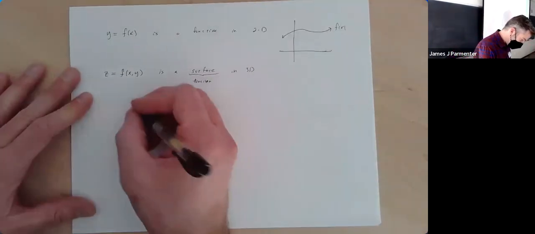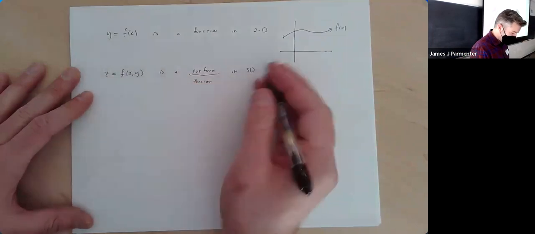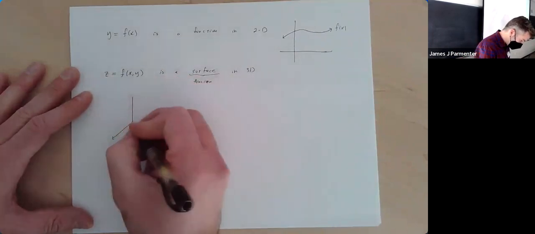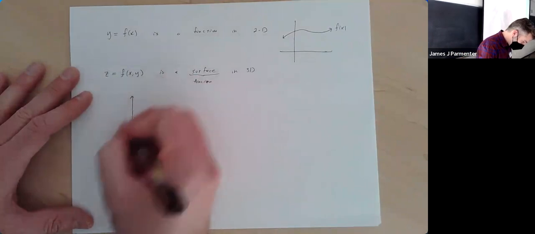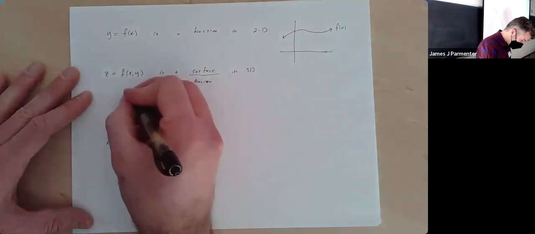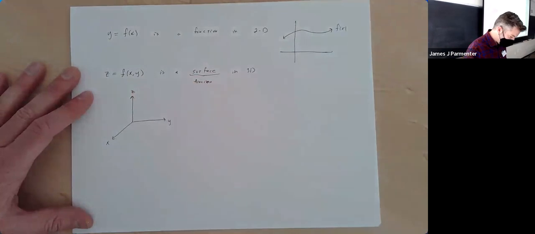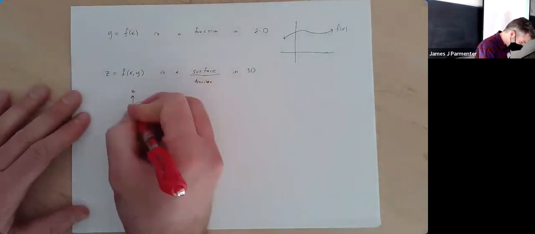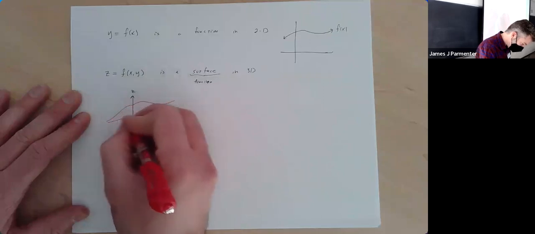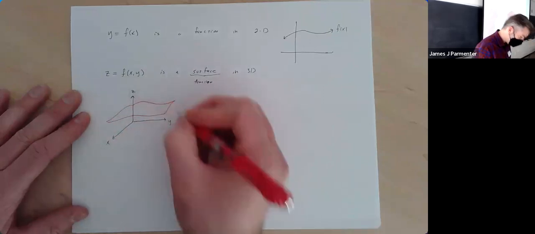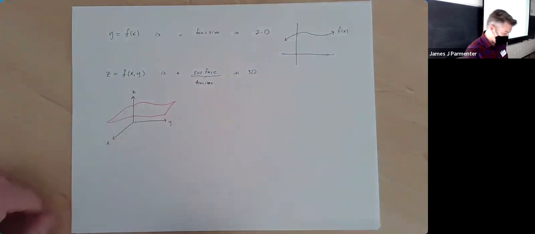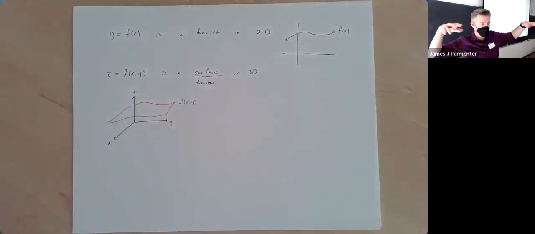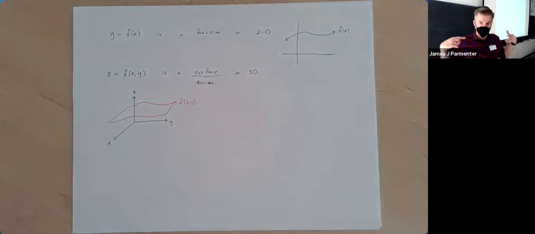Certainly it's good to practice, but when I think about a 3D surface, I'm thinking about something like our X, Y, Z coordinate system, and maybe you have something that's kind of wavy, like maybe it looks kind of like this. That's pretty good. So there's your surface, your function of X and Y, where the height of the surface depends on what the X and Y inputs both are.